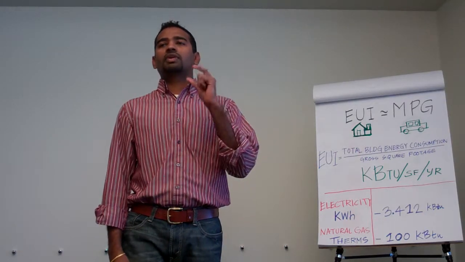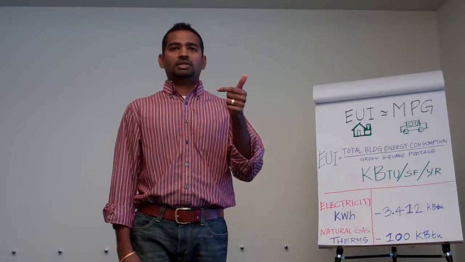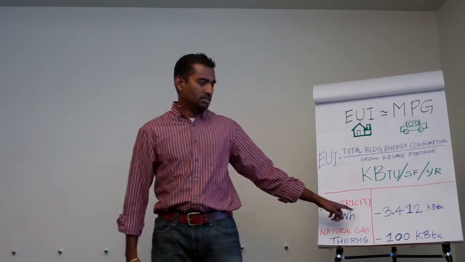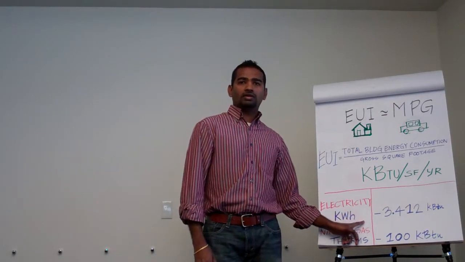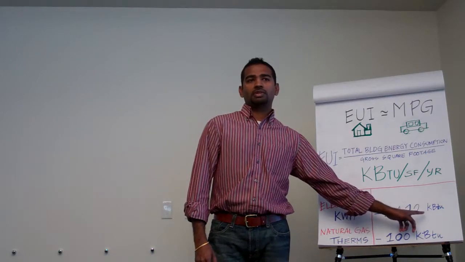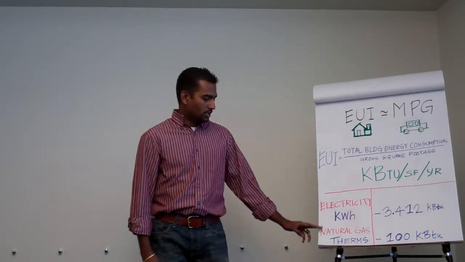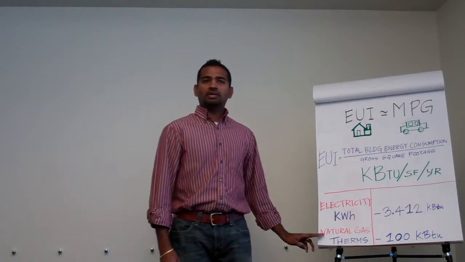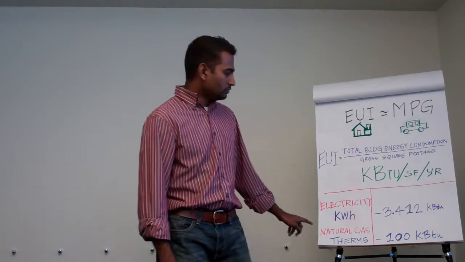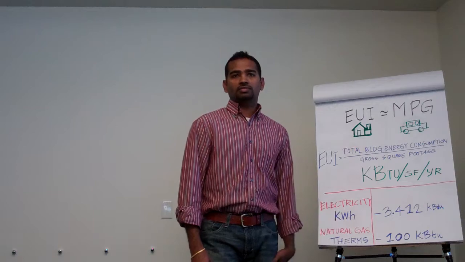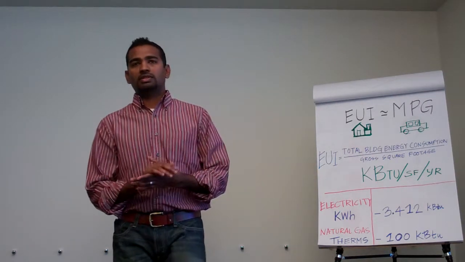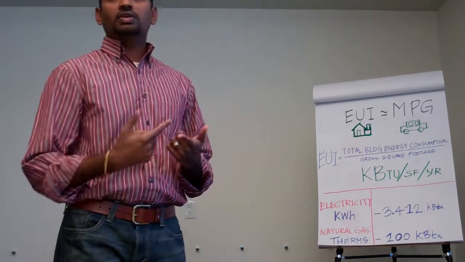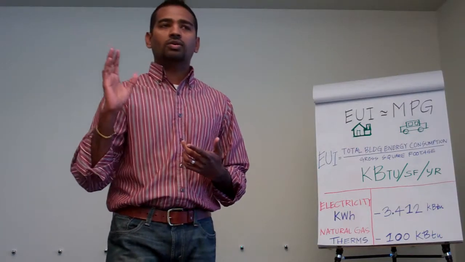We should be able to figure out what the kBTU is by using this simple math. 1 kilowatt hour is equal to 3.412 kBTU. Likewise, natural gas is measured in therms. 1 therm is 100 kBTU. So these are very, very important numbers. The reason is, let's say you get, how many of you have gas at home?